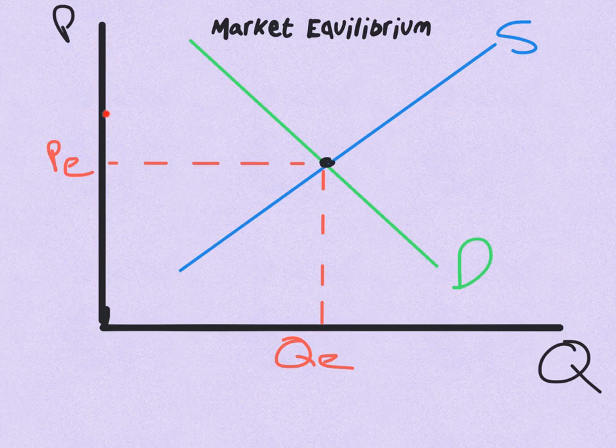Above this point, PE, at a higher price, we can see that quantity demanded will be less than quantity supplied. Producers will lower their price until a point is reached where quantity supplied will equal quantity demanded.